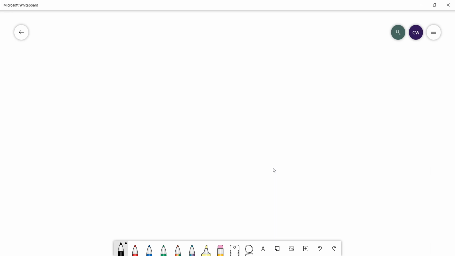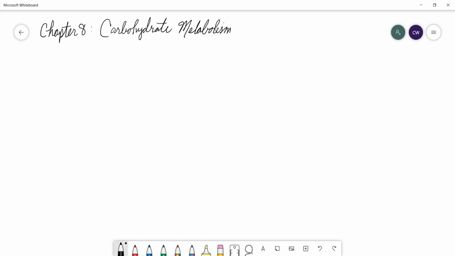All right, so we're moving on to Chapter 8, which is Carbohydrate Metabolism. Carbohydrate metabolism is exactly what it says on the tin.